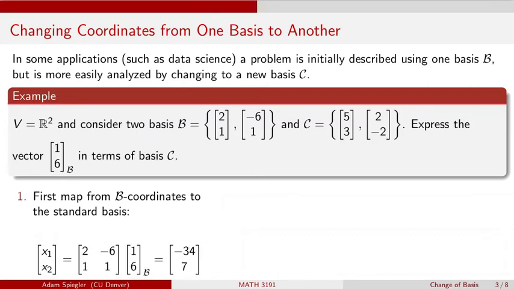And this calculation we can express more concisely with the matrix product, where we take the change of coordinates matrix, which has first column 2, 1, and second column minus 6, 1. We apply this matrix to the vector 1, 6 relative to basis B, and we wind up with the vector minus 34, 7, which is written in standard basis coordinates. So in other words, this is literally the vector which is 34 units to the left and 7 units up.